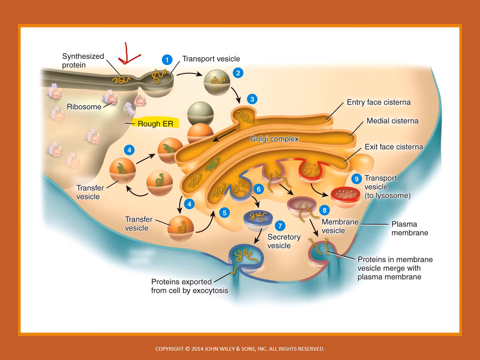These synthesized proteins are put into transport vesicles that then reach the entry face of the Golgi complex, and they pass through the different cisternae. In the medial cisterna, carbohydrates are added to the proteins to form glycoproteins, and lipids are added to proteins to form lipoproteins.